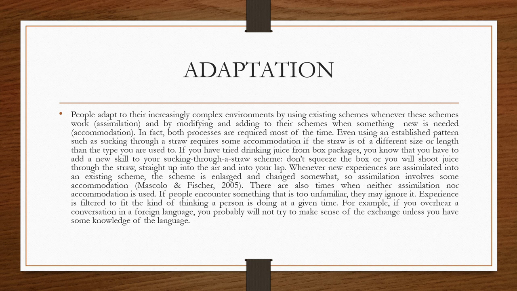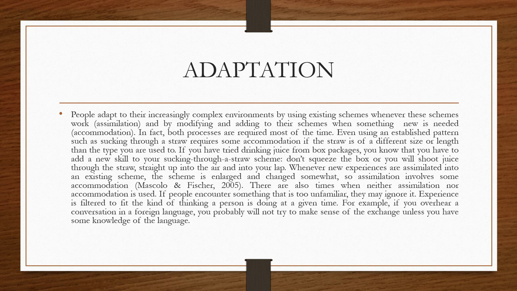Whenever new experiences are assimilated into the existing scheme, the scheme is enlarged and changed somewhat. So assimilation involves some accommodation. There are also times when neither assimilation nor accommodation is used. If people encounter something that is too unfamiliar, they may ignore it. Experience is filtered to fit the kind of thinking a person is doing at a given time.